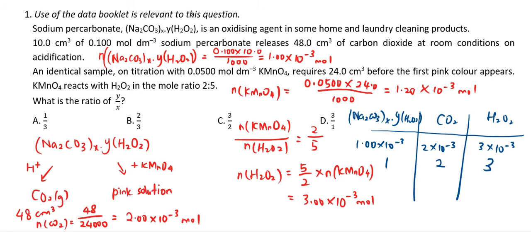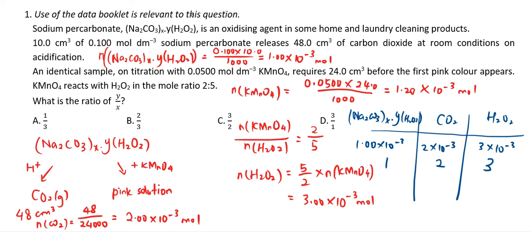So why is finding this mole ratio important? Okay, it is because I want to know for 1 mole of this sodium percarbonate, how many mole of carbon dioxide will it release? Okay, if I have 1 mole of this, it will release 2 moles of carbon dioxide on acidification.